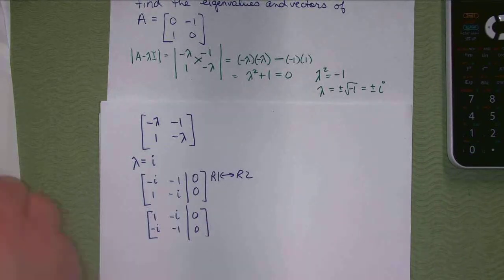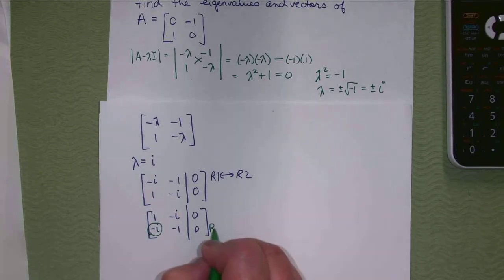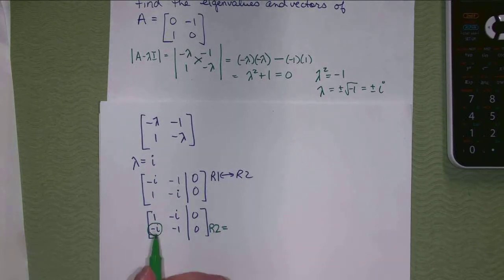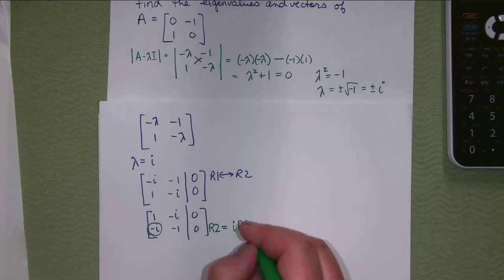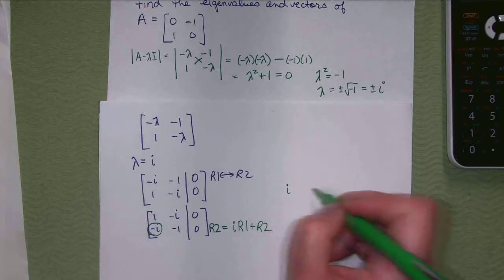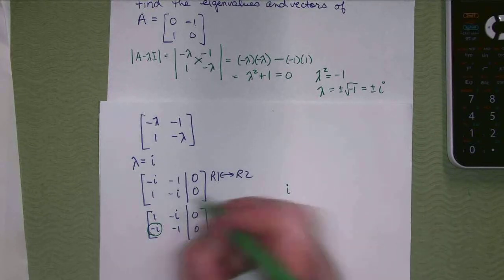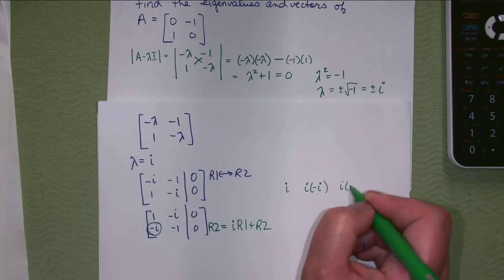And we do this the same way as when we had letters in it. The only difference is i squared is negative 1. So when you get that in your answer, you convert it. So here we want this to be a 0. It's in row 2. It's a negative i, so the 1 needs to be a positive i. So i times row 1 plus row 2. So you'll have to do i times everything in row 1. So i times 1, i times minus i, and i times 0.